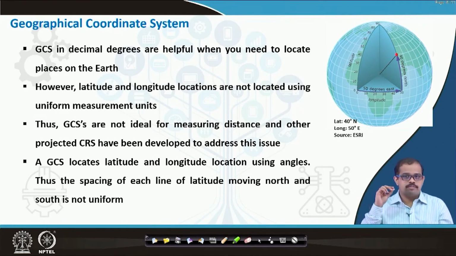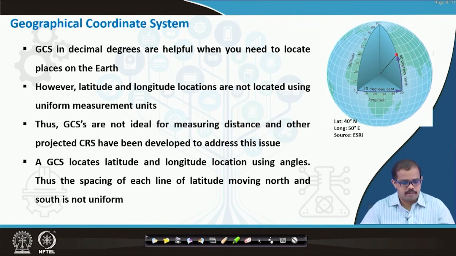So what does it show? It tells you the x and y of that particular place, in terms of decimal degrees or in degrees, minutes and seconds. Yes, that is what I am speaking about, the GCS system. Latitude and longitude locations are not located using uniform measurement units.